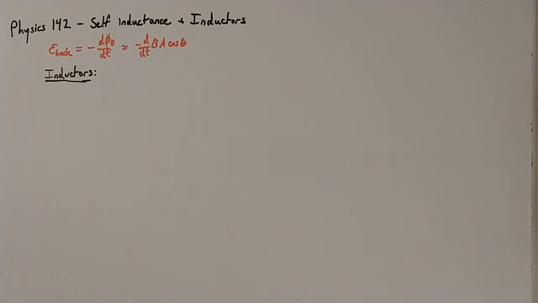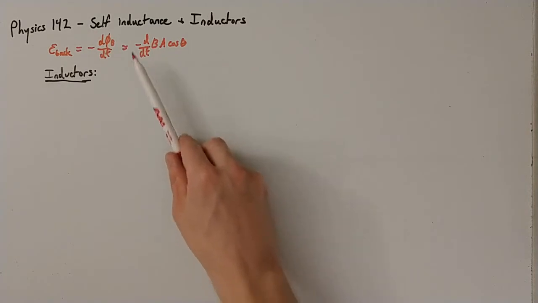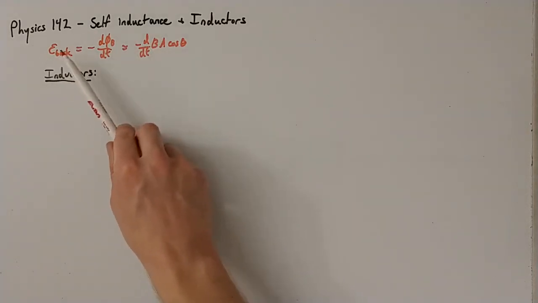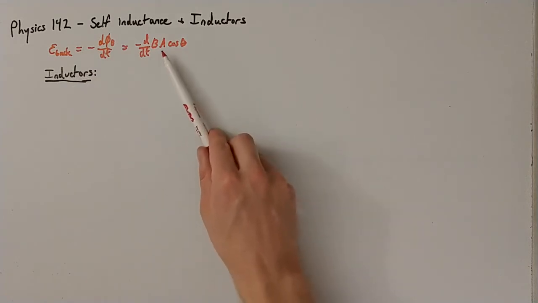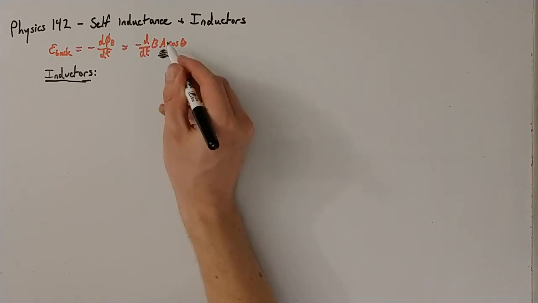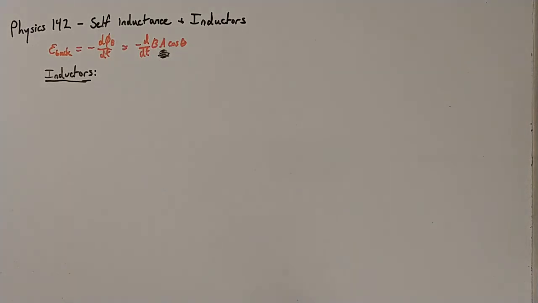Now we realized that for a given amount of current, you have a given amount of magnetic field. The way that we can increase this back EMF is by increasing the area. The main thing that we usually think about changing is if you have a current loop that encloses more area, then you're going to get more back EMF.